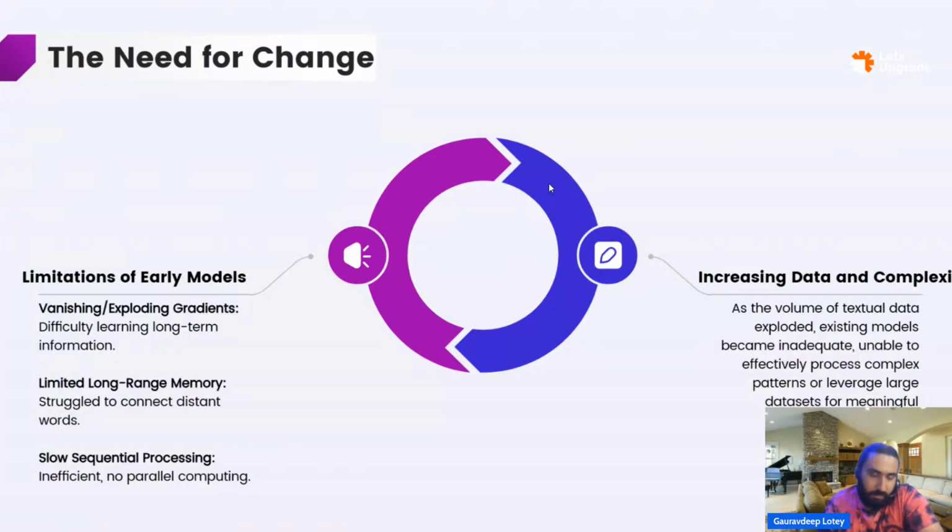So the first thing is the limitations of early models, what they were supposed to be, and what exactly machine learning is. Machine learning is the concept where you do not explicitly write code for everything. For example, if I have to create a calculator, and I have to define rules like what is addition, subtraction, multiplication and division, that is me writing a program with all the rules, completely based on an algorithm that I've designed.